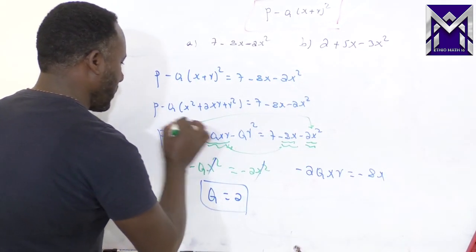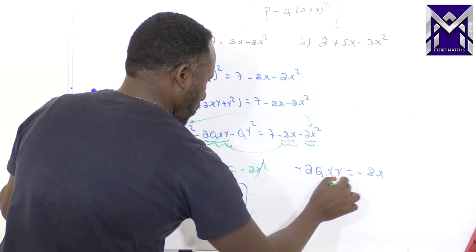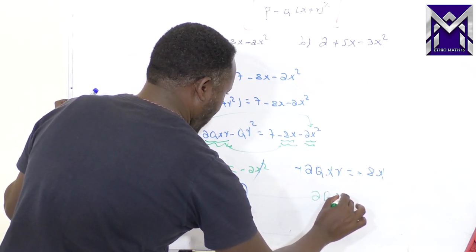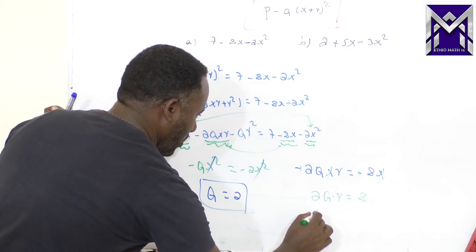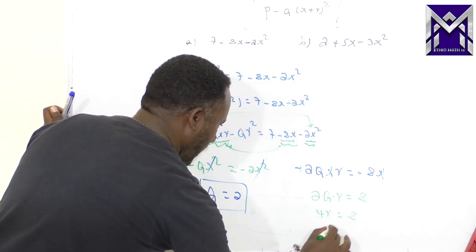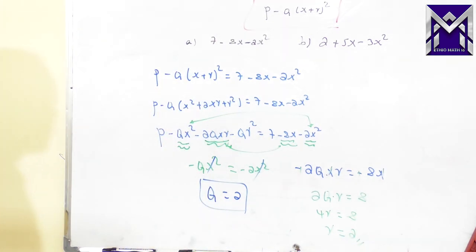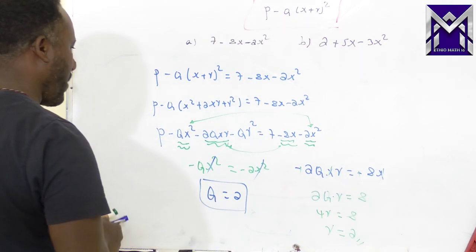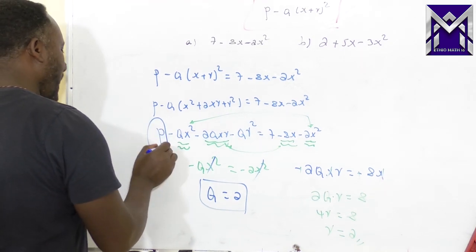I have solved this. Negative cancels negative, and x will be cancelled by x. 2q times r is going to be 8. I found q here. 2 times 2 is 4, so 4r is 8. What will r be? r will be 2. What's left is p. So to solve for p, what should we do?